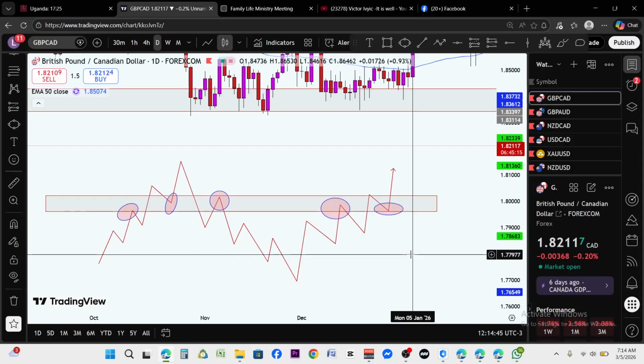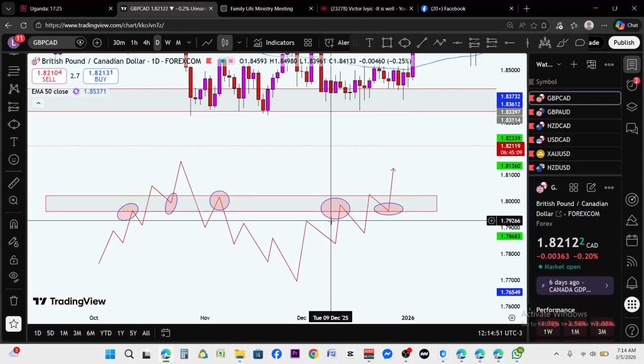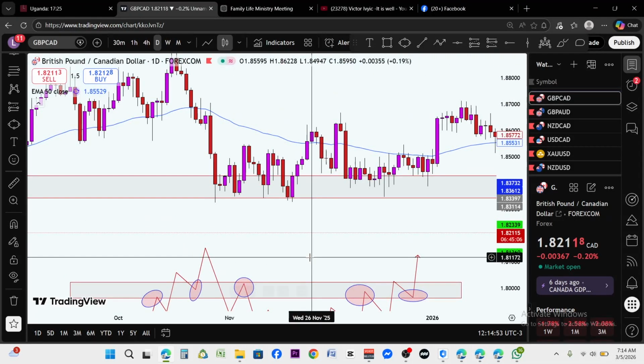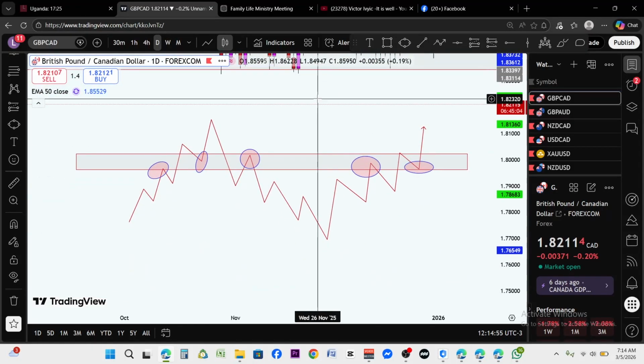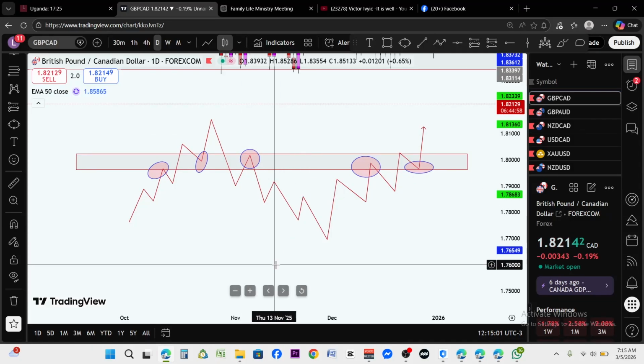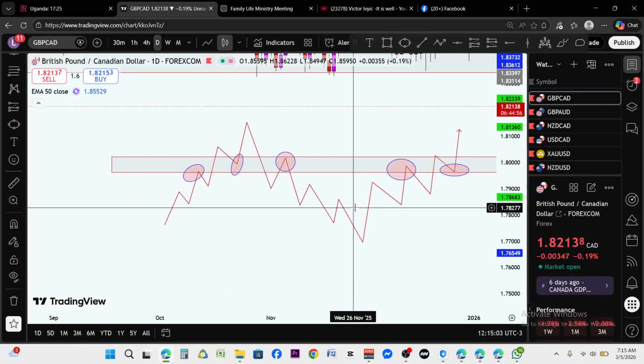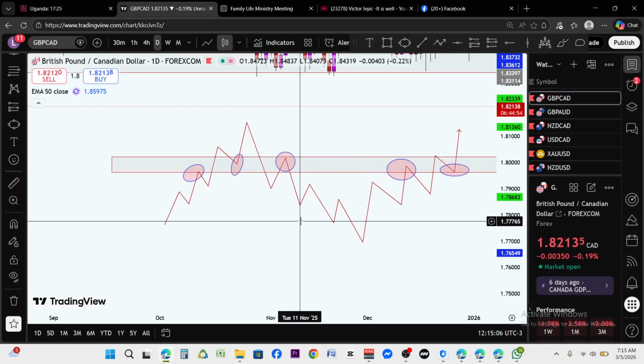It is not a single line, it is an area. Prices, which are these candlesticks you see here, they remember zones because institutions operate at zones.